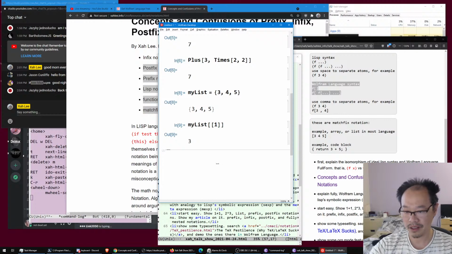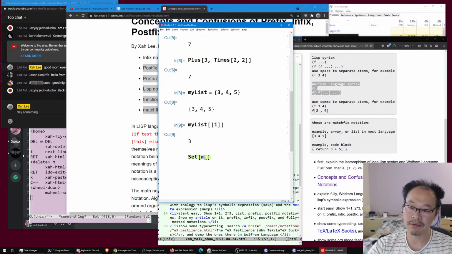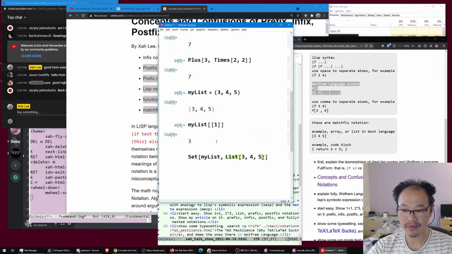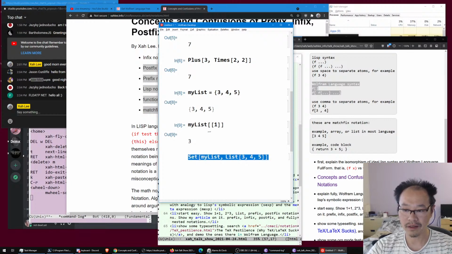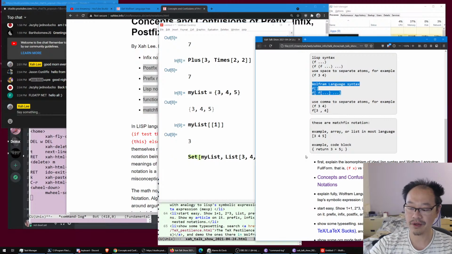Let me do the same thing. So you set x, okay, myList, List[3, 4, 5]. You see that? So this one is going to be equivalent to that one. Okay, let's evaluate.